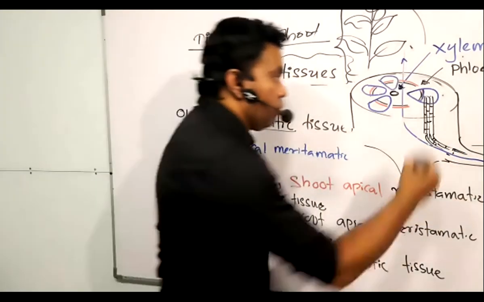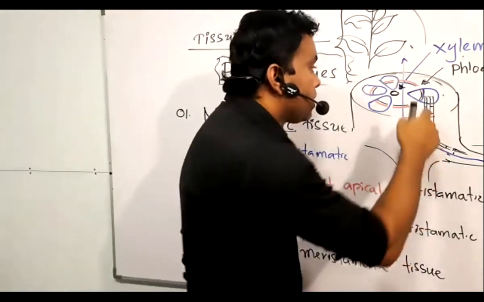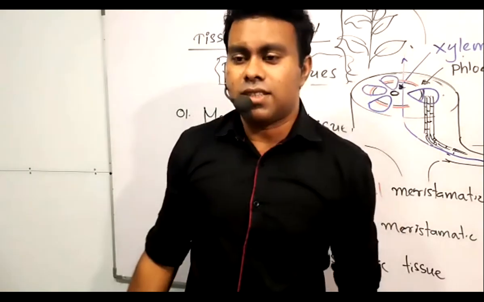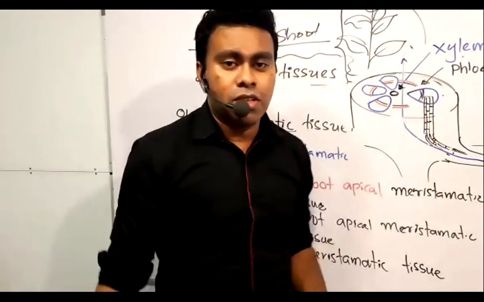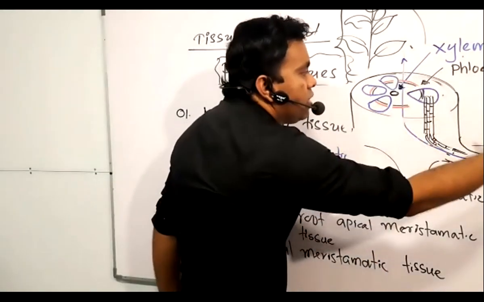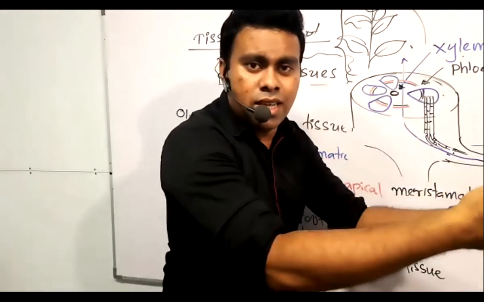But they are cells. There are 4 types of cells in phloem tissue. In xylem also there are 4 types of cells. New cells are created outwards and inwards.